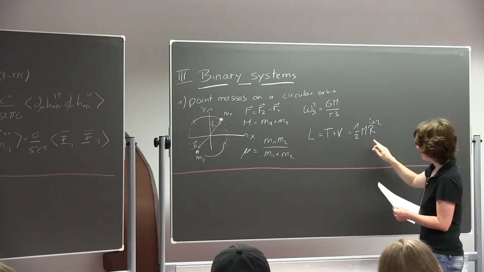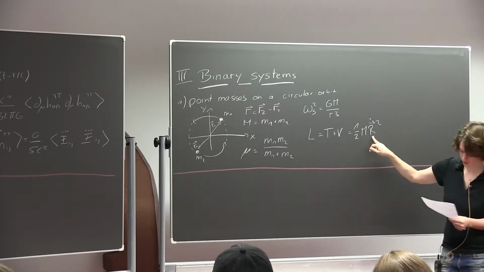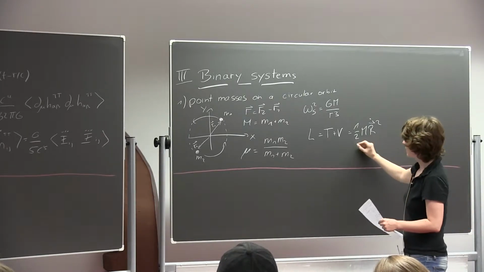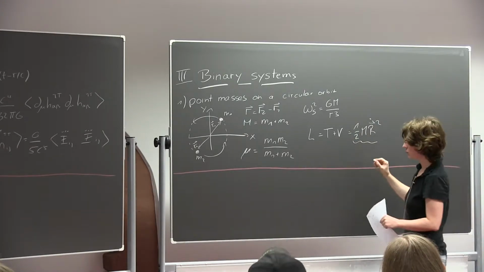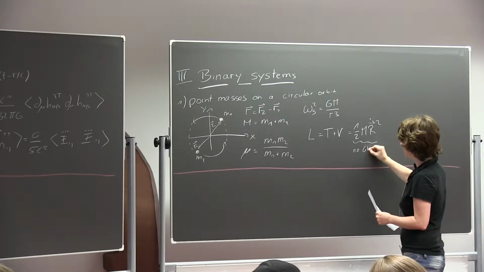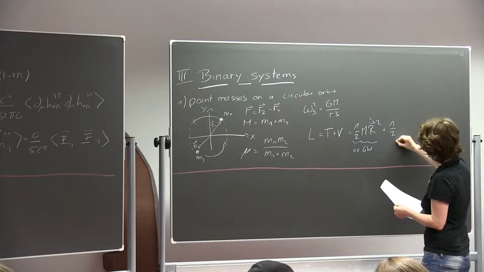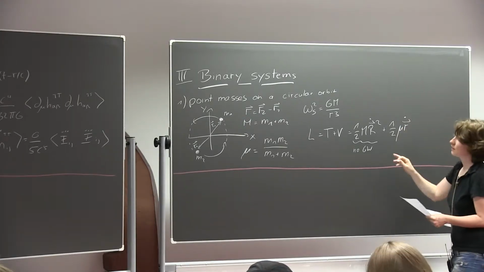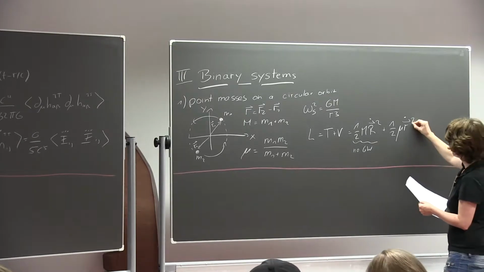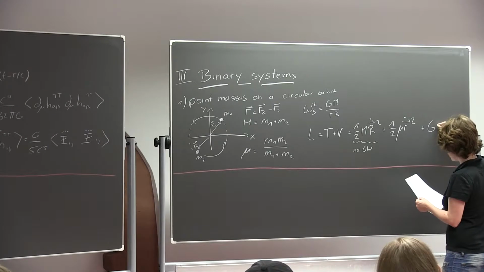Capital R is the vector associated with the center of mass, but that won't give us any gravitational waves, because there's no quadrupole moment in the movement of the center of mass. So we can forget about that. Then we have the kinetic energy associated with the reduced mass. And then we have the potential energy.